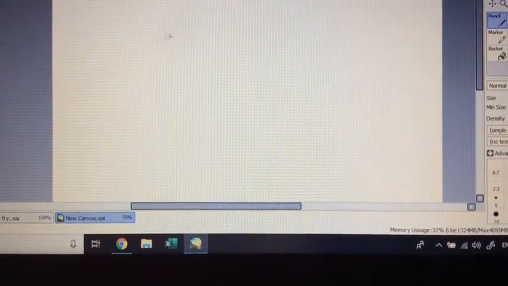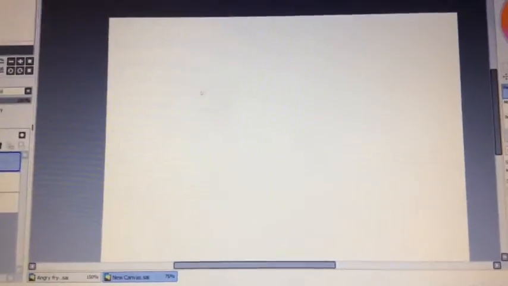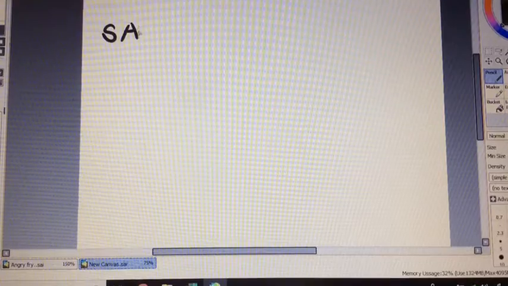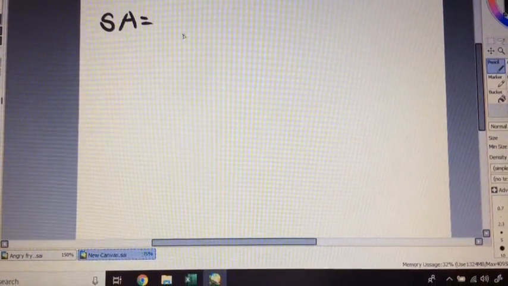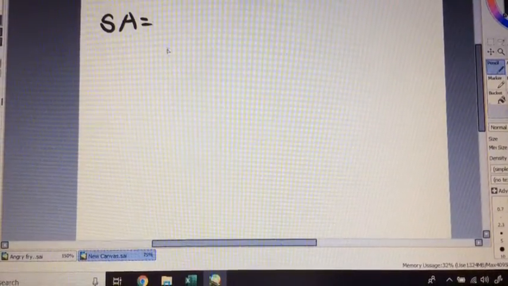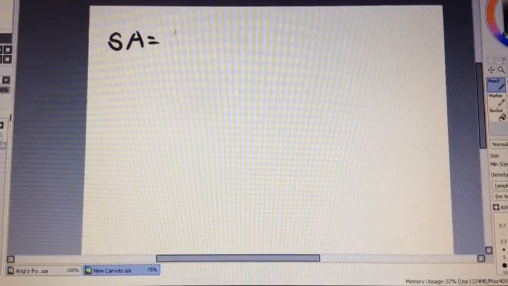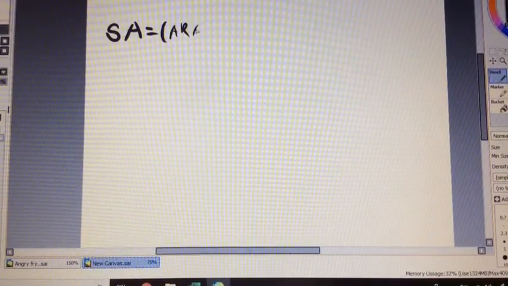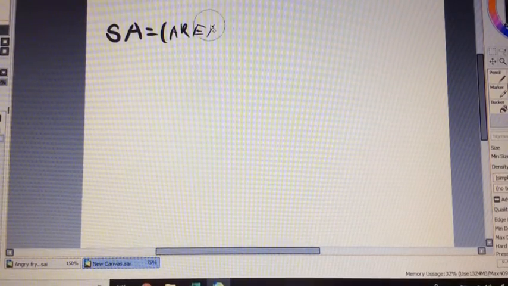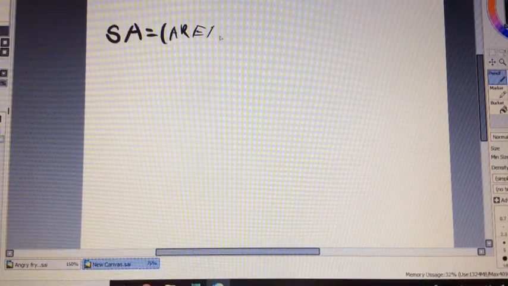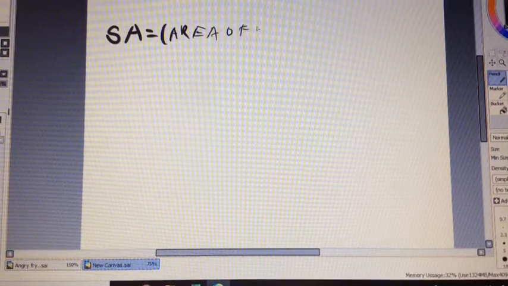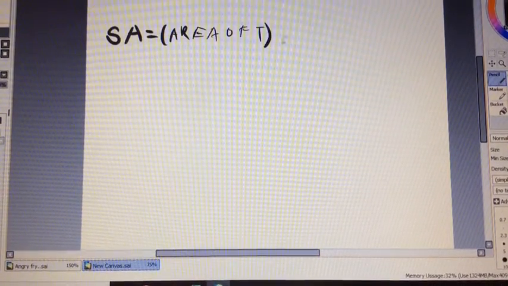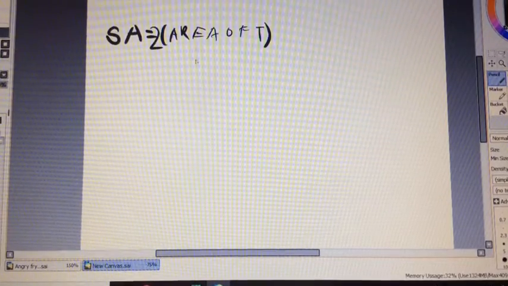So, let's move on to the formula of a triangular prism for surface area. It doesn't really have a formula. You just have to find the areas of all the shapes and add them all up. So, the area of the triangle times 2.